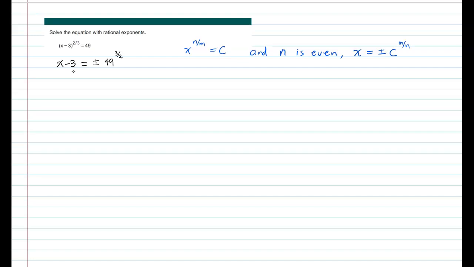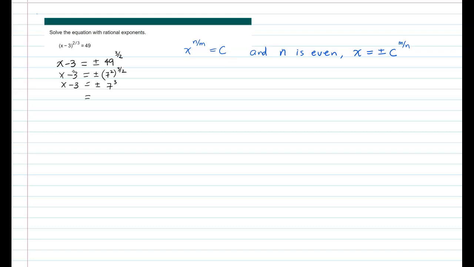Notice that 49 is 7 squared, so you have plus or minus 7 squared raised to 3 halves. The 2 will cancel, so that will be plus or minus 7 cubed.